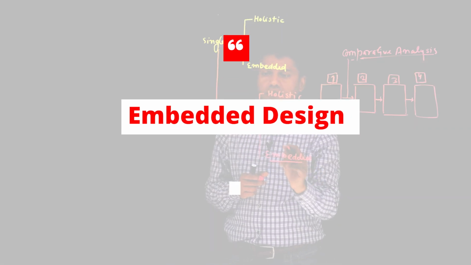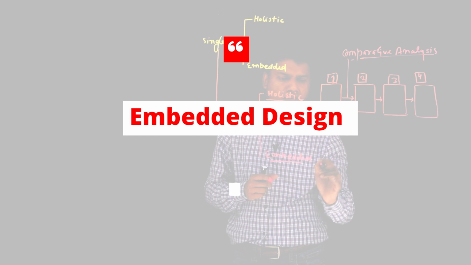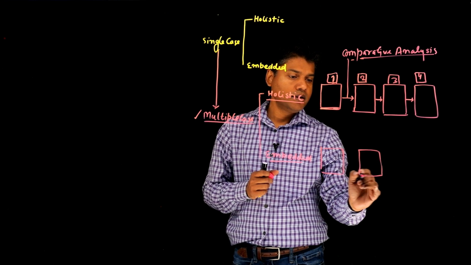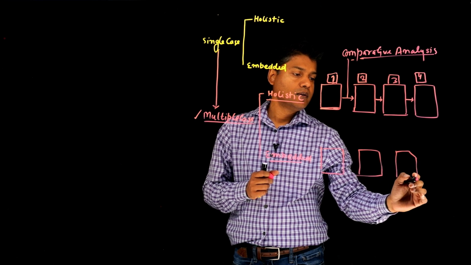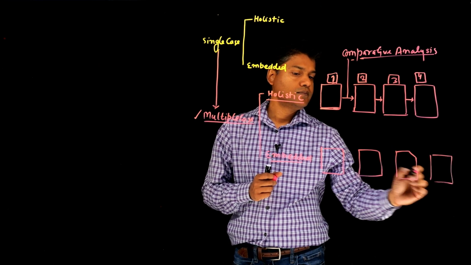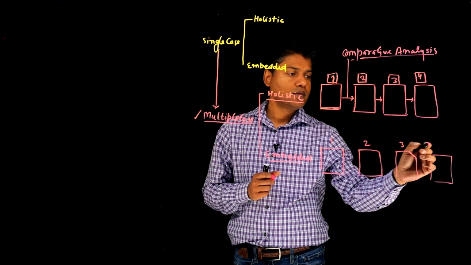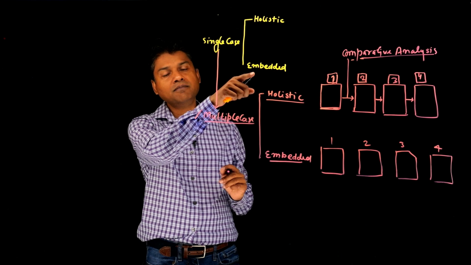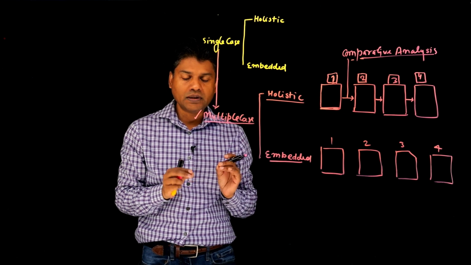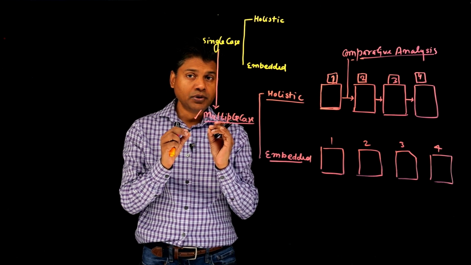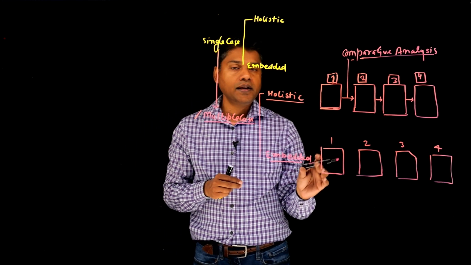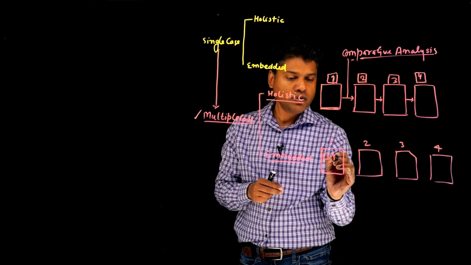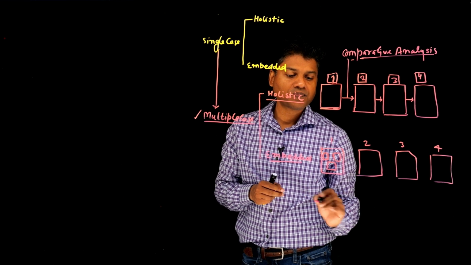With embedded multiple case study design, it's similar. So let's say case 1, case 2, and case 4. Now, as you know from the previous single case embedded research design, in embedded research design, you focus on certain subunits of that case. So in case 1, you want to focus on, let's say, subunit 1, 2, and 3.